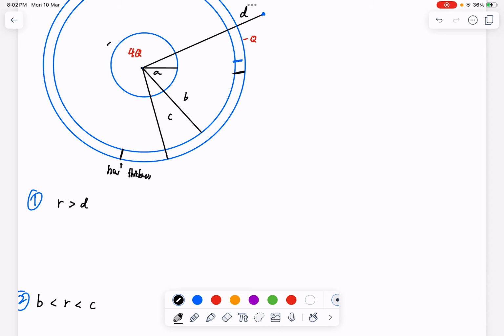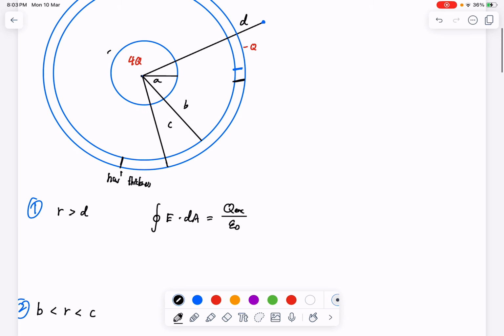So we can evaluate this by Gauss's law. The integral of E dot dA equals the net charge enclosed divided by epsilon naught. The charge enclosed here is 4q plus negative q, meaning it's 3q divided by epsilon naught.